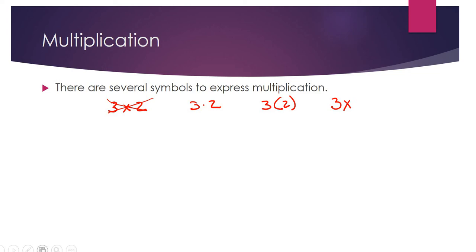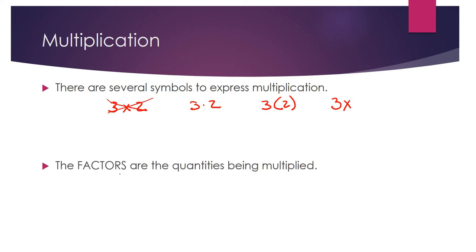Okay? So, factors are the quantities that we are multiplying. So the factors here are 3 and 2. The factors here are 3 and x, the things being multiplied together. If we have something more complicated, like 3 times x plus 1, the multiplication is here.